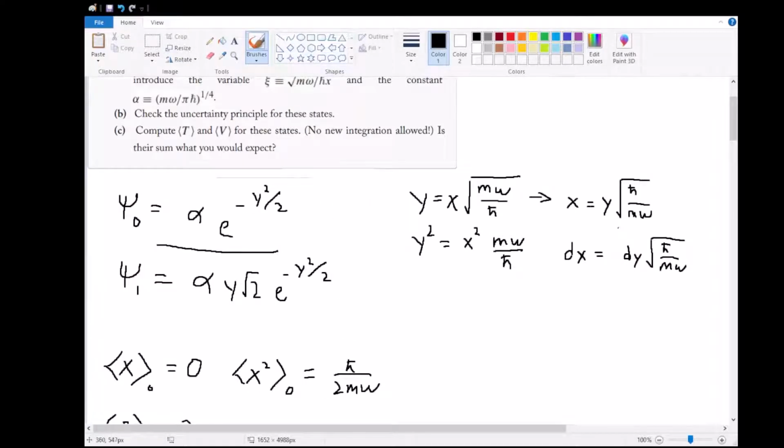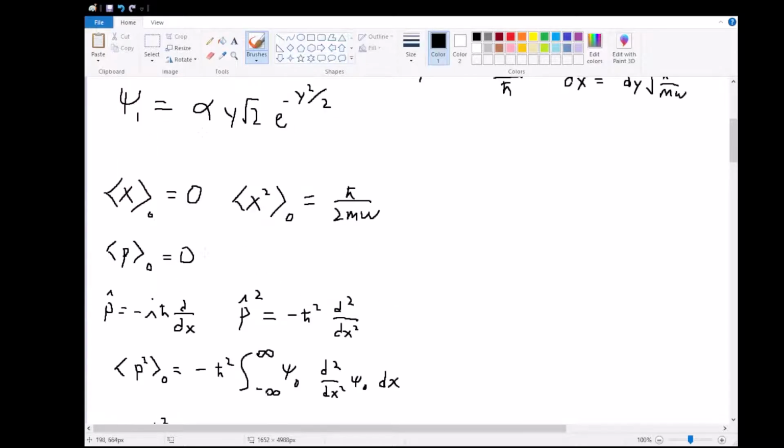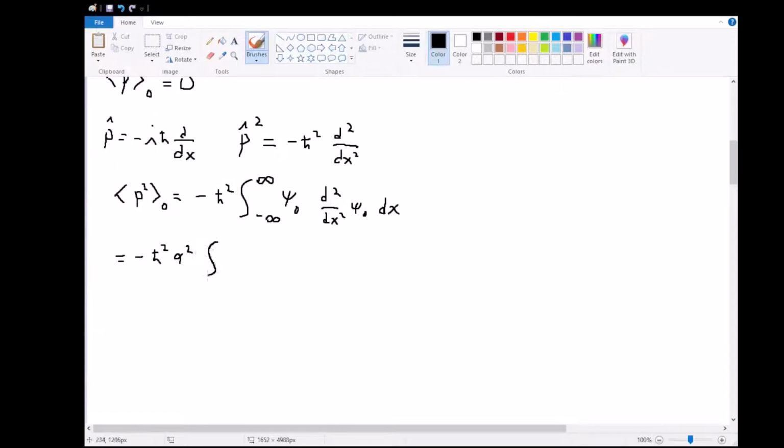Once again, this is an x derivative. We've written psi naught initially in terms of y, so I'm going to rewrite it in terms of x to brute force out this derivative. We have negative h bar squared, and then the alpha terms come out at the front, so alpha squared times the integral from negative infinity to positive infinity of e to the negative y squared over 2 multiplied by d2 by dx squared of e to the negative m omega over 2 h bar times x squared dx.